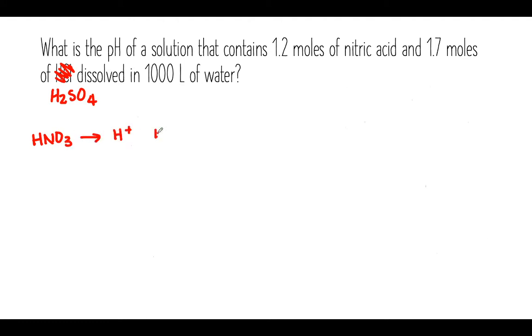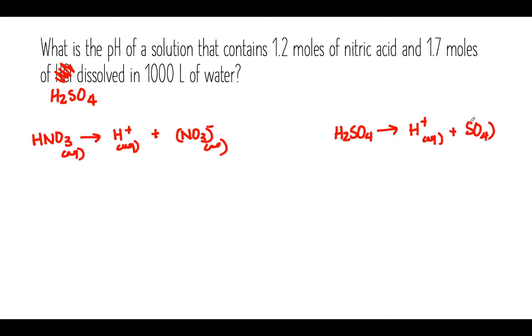Again, it's going to completely ionize to form H+ and NO3-. And sulfuric acid, which is the other acid that I have, is also a strong acid that is going to further ionize to form H+ and SO4 2-.